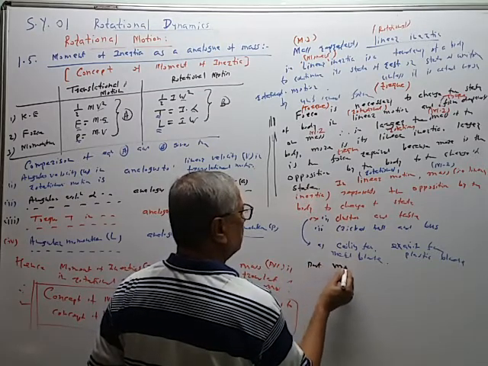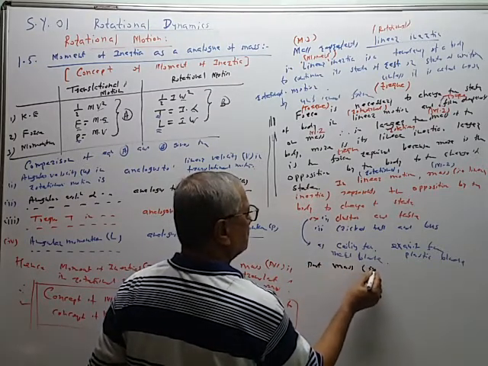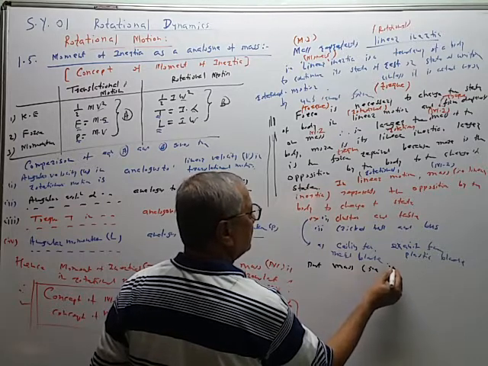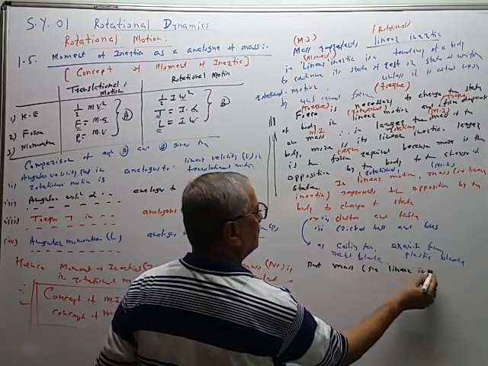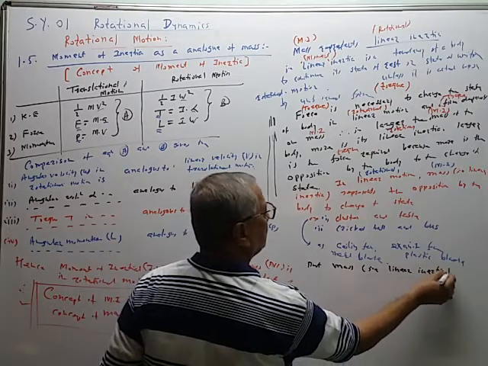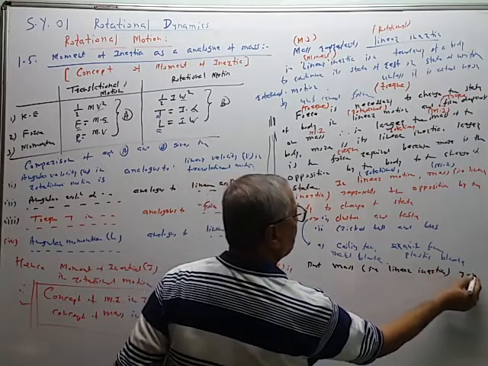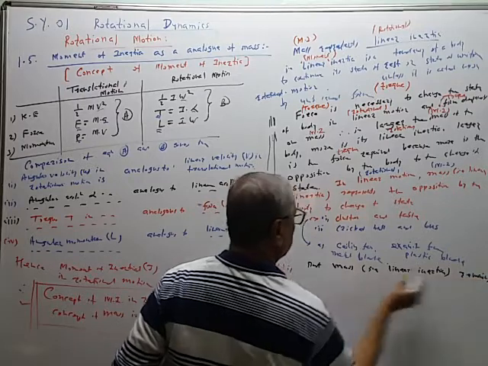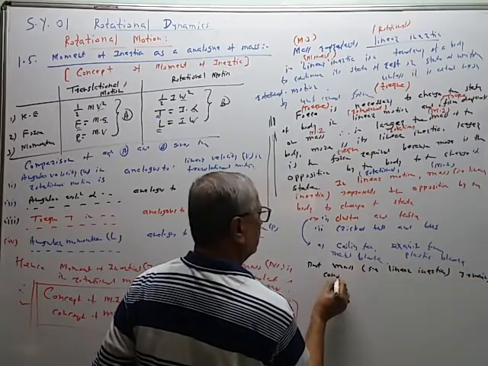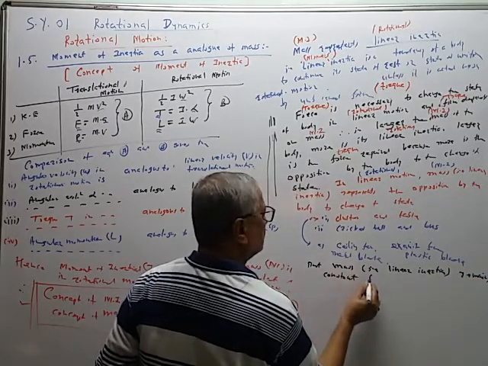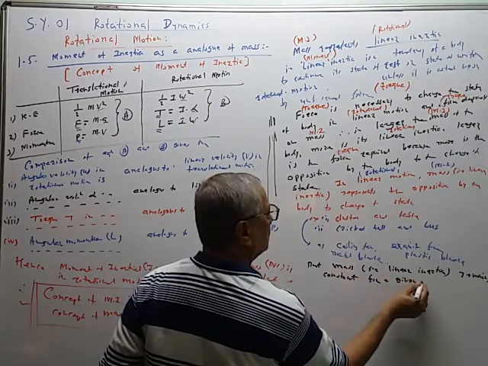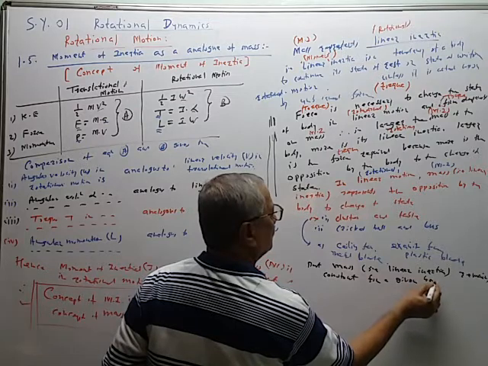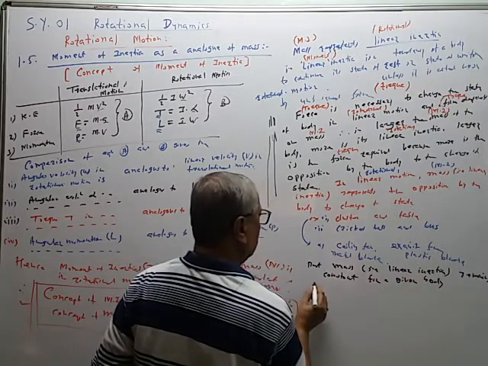But mass, that is the linear inertia, remains constant for a given body.